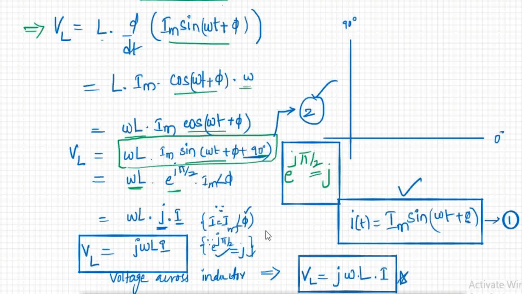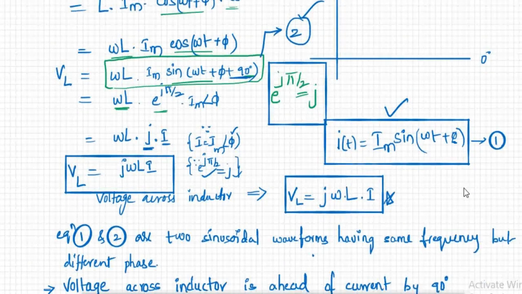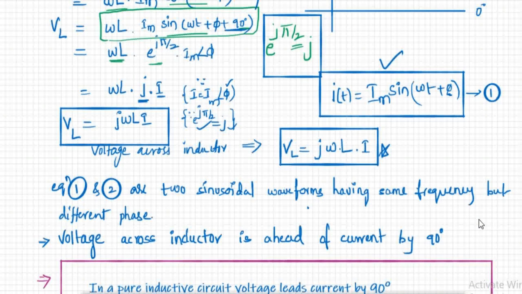That is, voltage and current have a phase difference of 90 degrees, and you can see in the voltage equation that it is plus 90 degrees, so voltage is leading compared to current. The two sinusoidal waveforms have the same frequency but different phase. So voltage across inductor is ahead of current by 90 degrees.